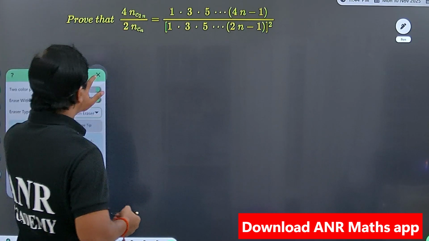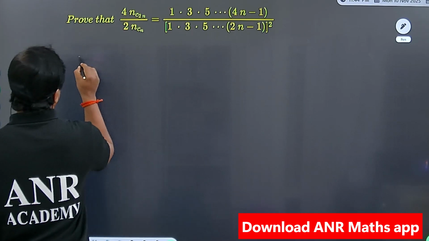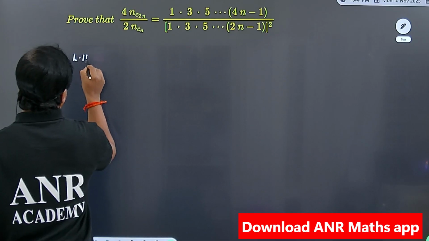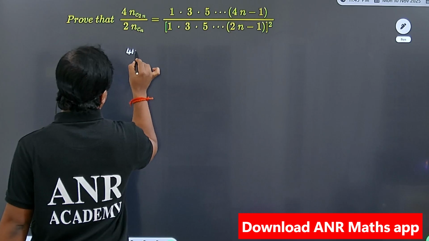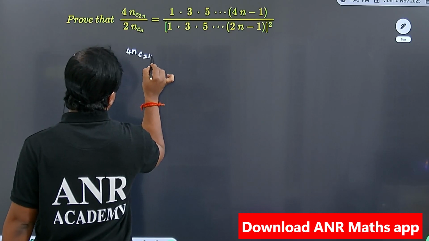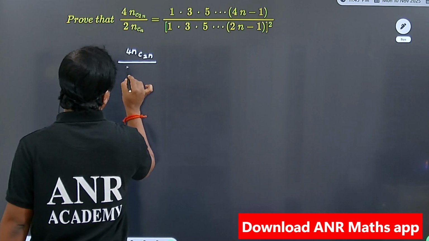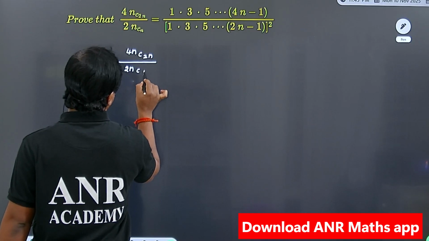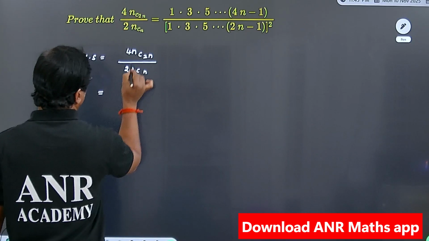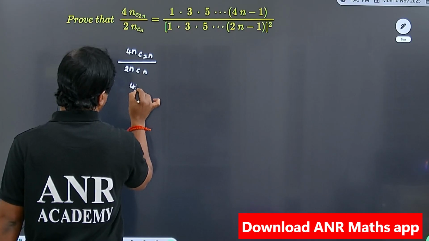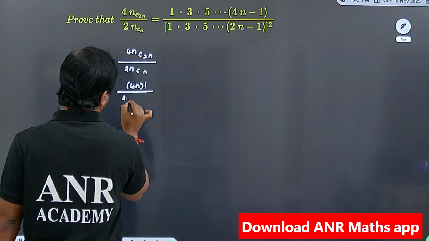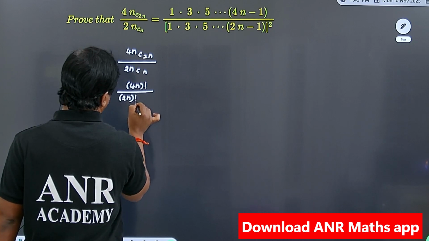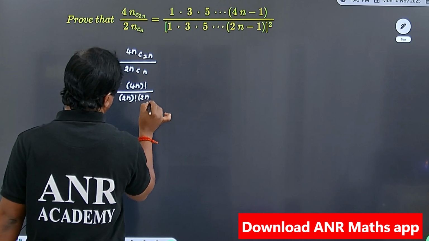Select the LHS part and apply the nCr formula. LHS is given by 4n C 2n divided by 2n C n. 4n C 2n value is 4n factorial divided by 2n factorial into 2n factorial.